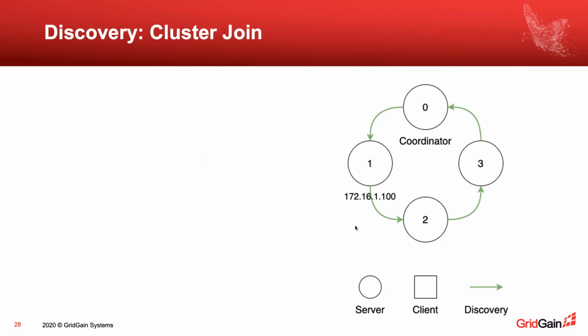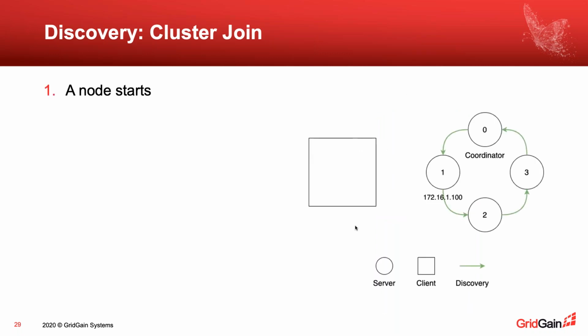So now let's look at the algorithm of any cluster join. Say we have a cluster of these 4 server nodes, and a new client node starts, and it needs to connect to the cluster somehow.